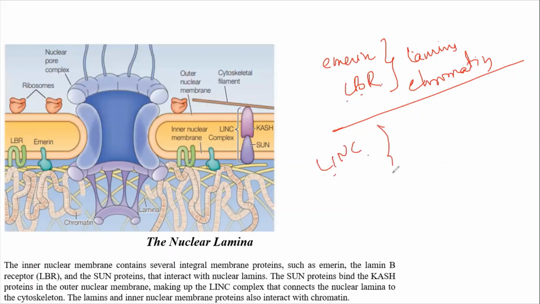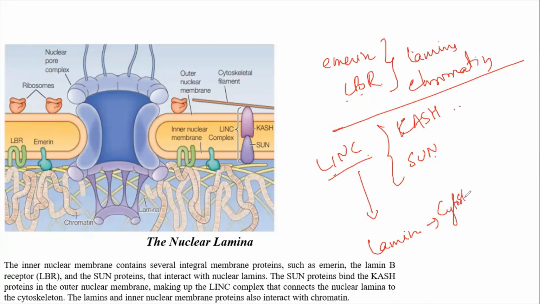In the LINC complex you have two proteins. SUN interacts with the inner nuclear membrane. Then KASH interacts with the outer nuclear membrane. These two together form the LINC complex, which is again interacting with the nuclear lamins, and connects to the cytoskeleton. In short, they all are helping in holding the lamins and the chromatin fiber.